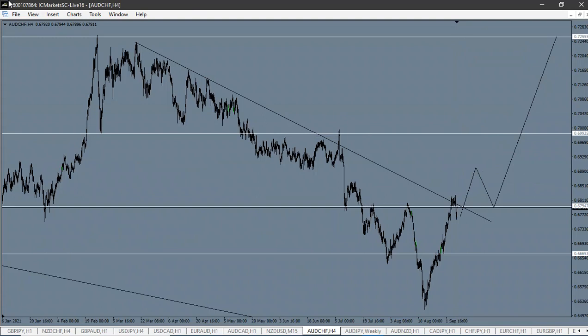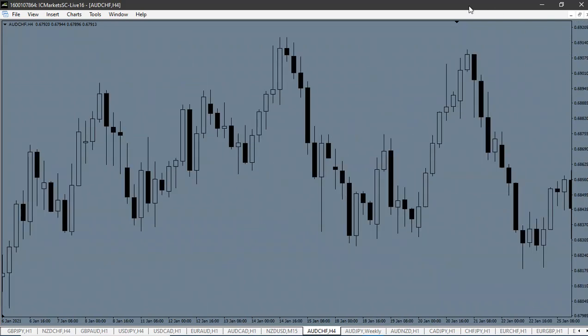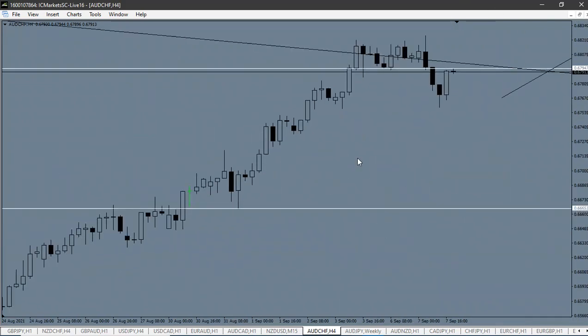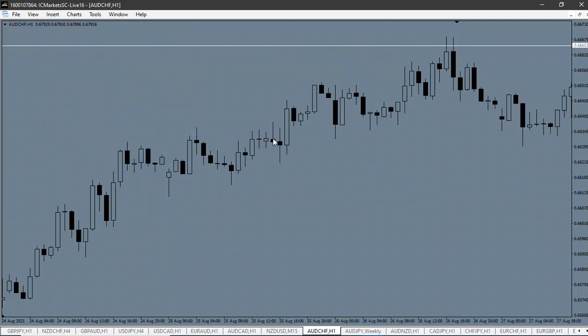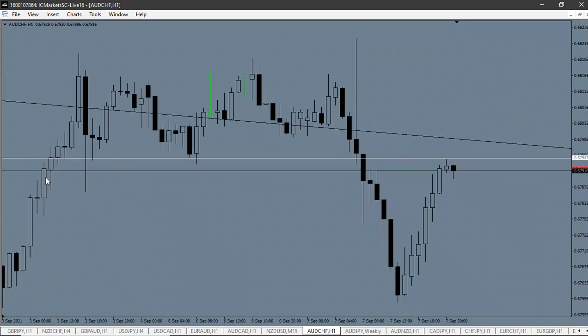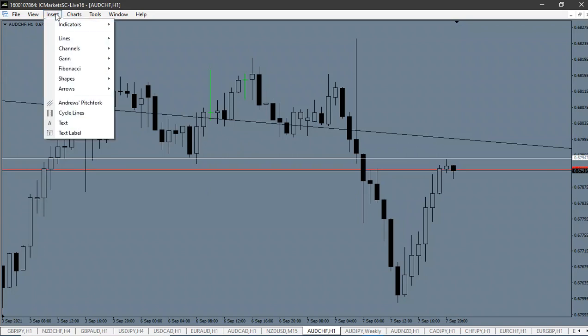We're also looking for buys right here. So what will make us go for sales on this pair right now is if this level right here, as you can see, it's also a strong level.